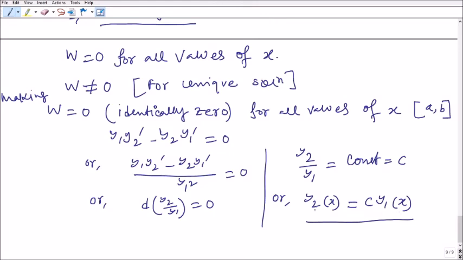Which we discussed earlier, that if any solution is written as a constant multiple of another solution, then they are said to be linearly dependent. So here y2 varies linearly with y1. So if w is identically 0, then these two solutions y1 and y2 are not linearly independent, they are linearly dependent.